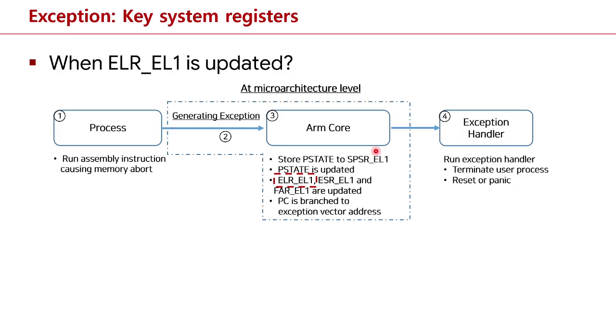This workflow shows you when the ELR_EL1 register is updated. That means during generation of the exception, the ARM core updates the ELR_EL1 register at the microarchitecture level. For this reason, it is extremely important to check the value of the ELR_EL1 register for debugging purposes.